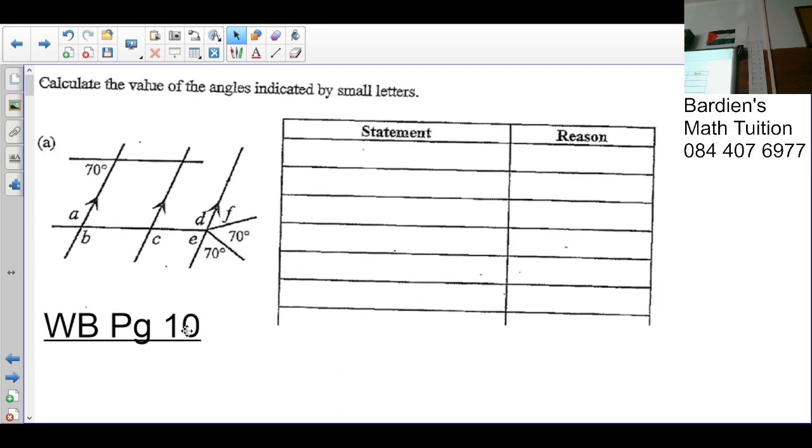Yes. Right, so we'll try and do it in order as far as possible. If you can't do it in order, it's fine. So at this point, can I calculate A? Yes. How can you calculate A?